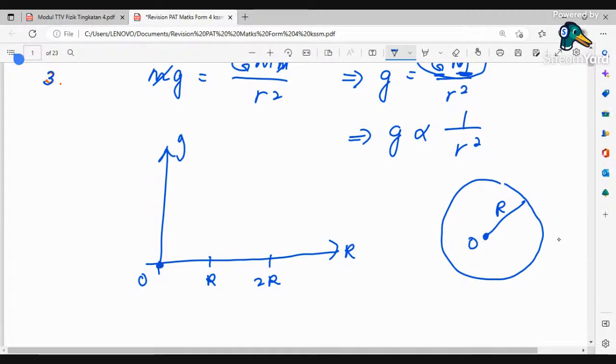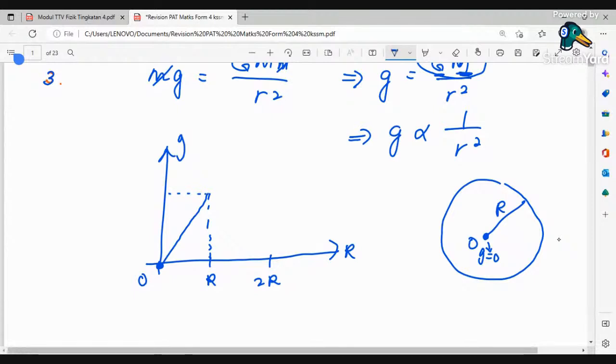So at center of gravity, gravitational acceleration equals 0. Okay, from 0 to R, going to the surface from center of gravity, gravitational acceleration increases. So you can see the relationship here is directly proportional.